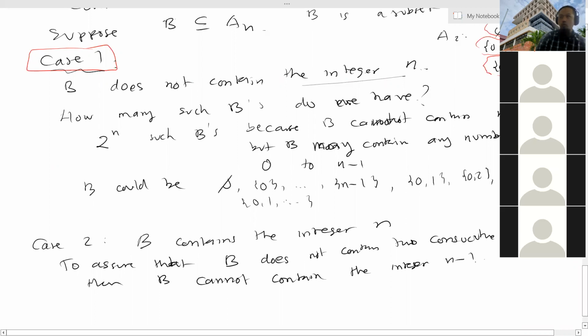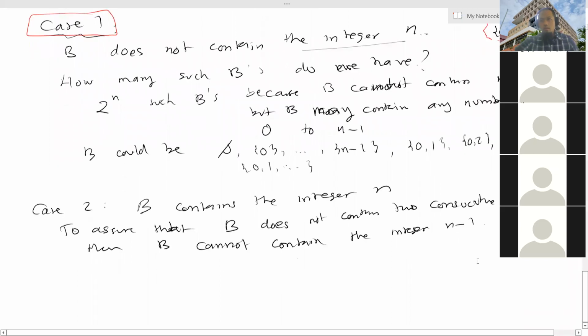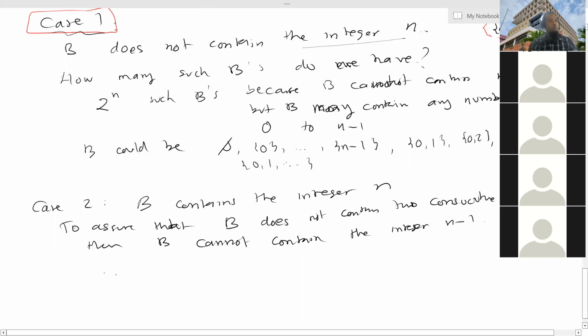B cannot contain the integer n minus 1. So that means B does not contain the integer n minus 1.